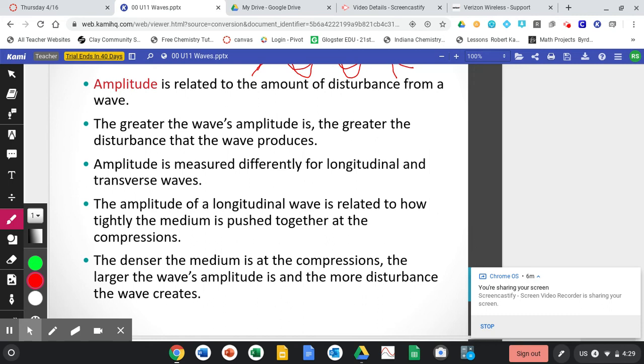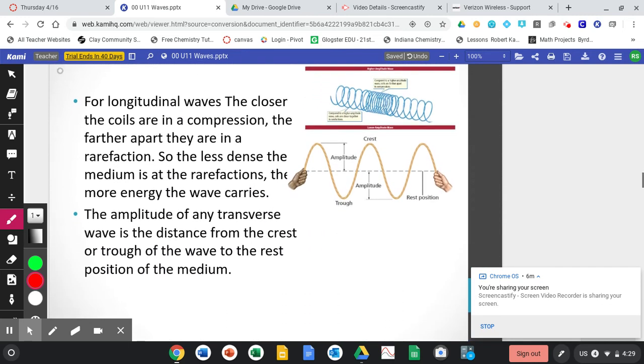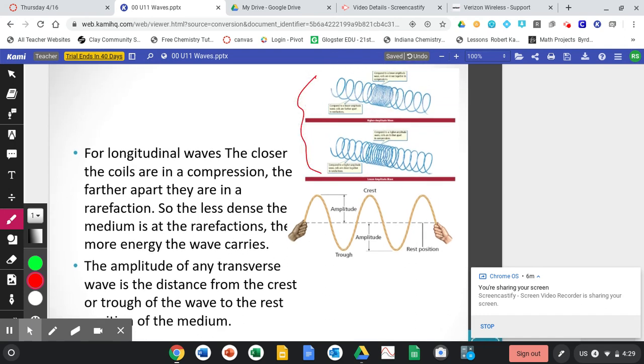So this would be less amplified, and then this would be highly amplified. And so you see that it's more compressed. And so the denser the medium is at the compression, the larger the wave's amplitude is, and the more disturbance the wave creates.